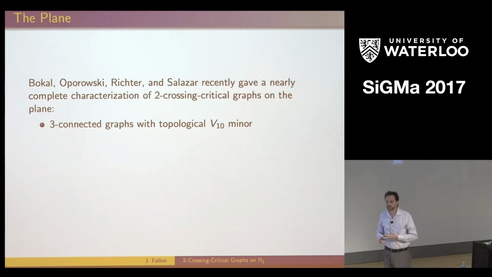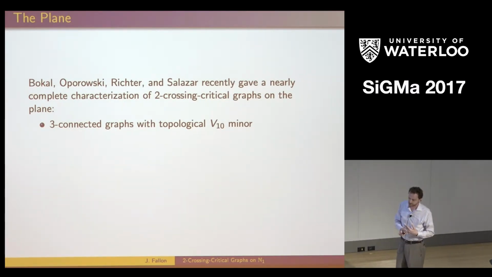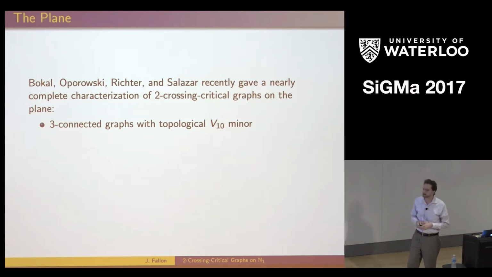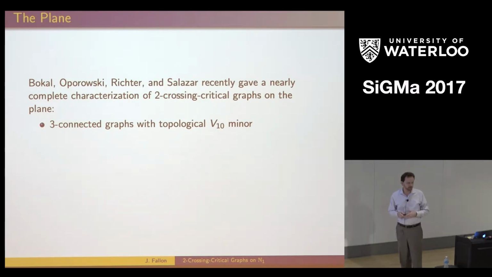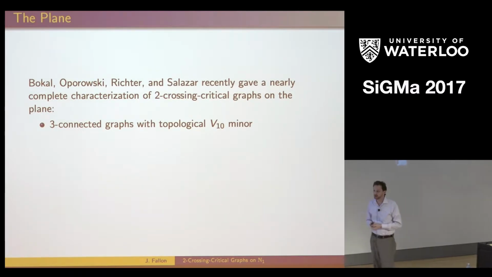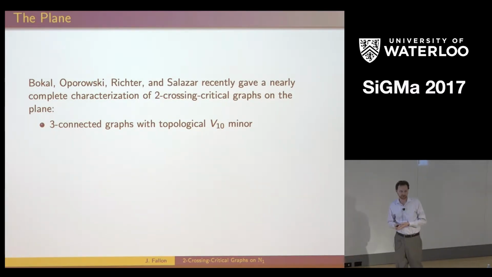Now, Bokal, Oporowski, Richter, and Salazar gave a near complete characterization of two crossing critical graphs on the plane. In a few stages, they characterized the three connected graphs that are two crossing critical that contain a topological minor isomorphic to the Möbius ladder on 10 vertices, V10.